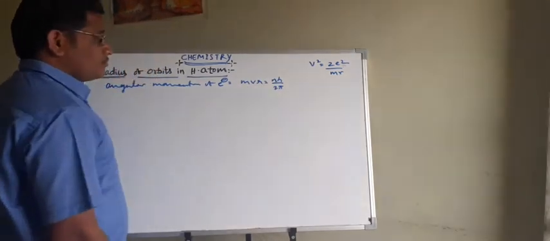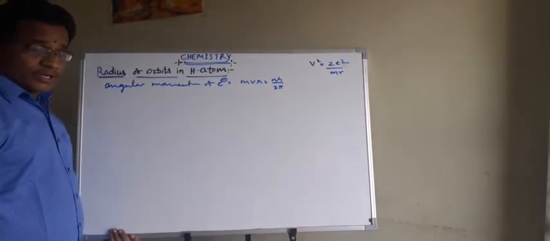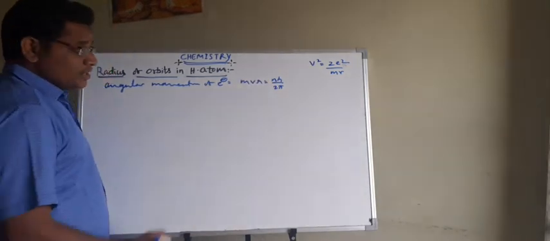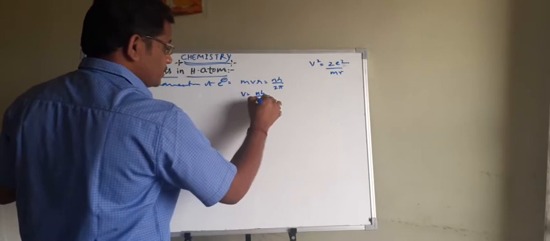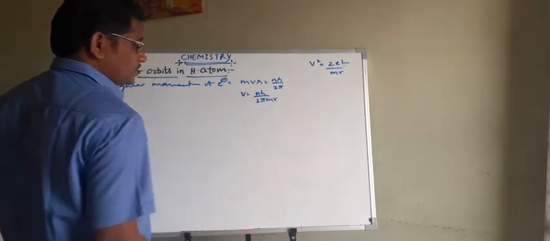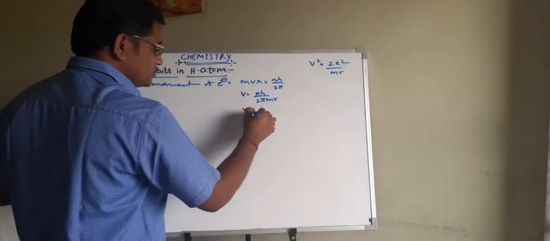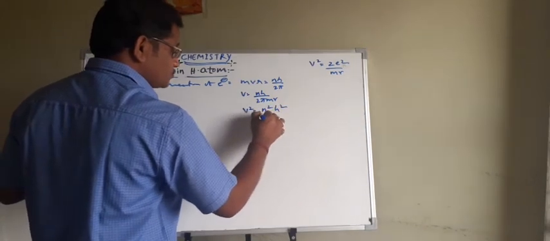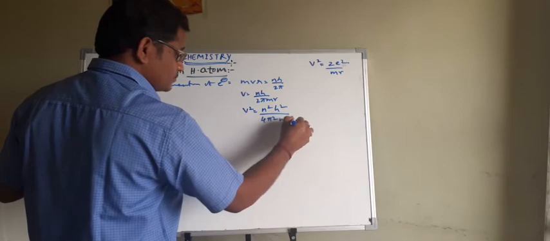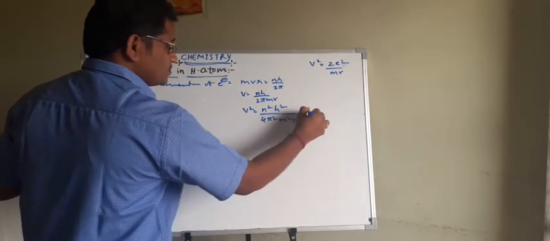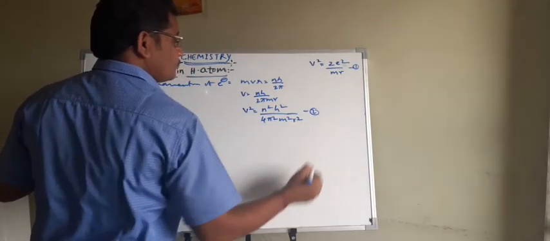Angular momentum is an integral multiple of h by 2 pi. Here n is the orbit number. So from this equation, v is equal to nh by 2 pi mr. Then v square is equal to n square h square divided by 4 pi square m square r square. This is equation 2, and that was equation 1.